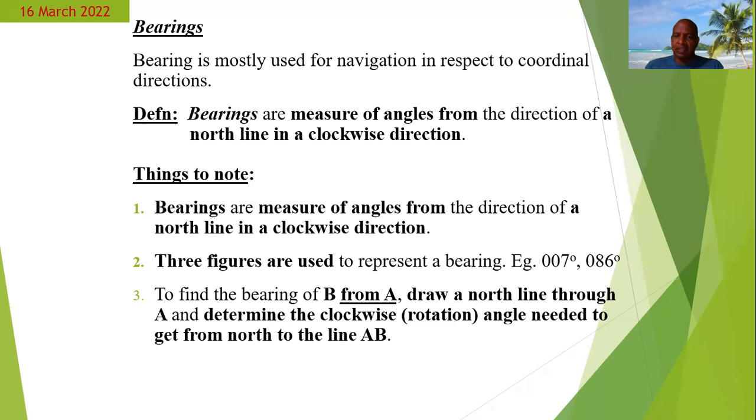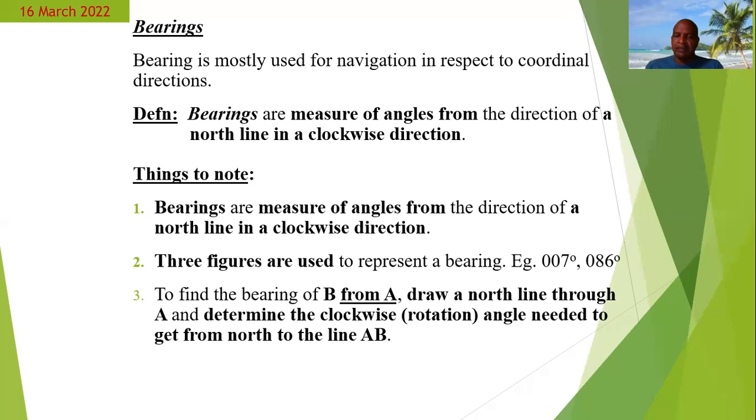So what you want to determine B from A, you want to know which of these points we're going to start off with. Are we going to start off with the B, or are we going to start off with the A? Now, I underline from A. From A tells you the point at which you're measuring the bearings, right?